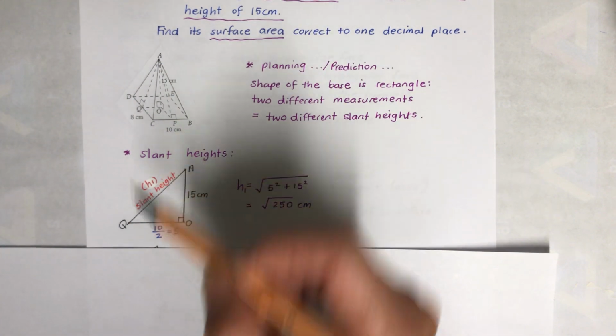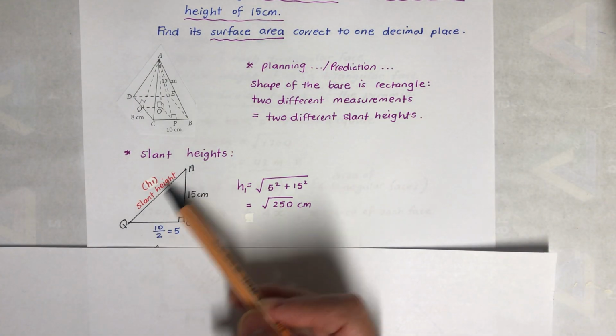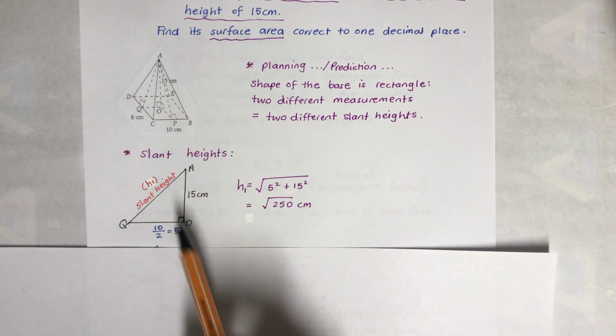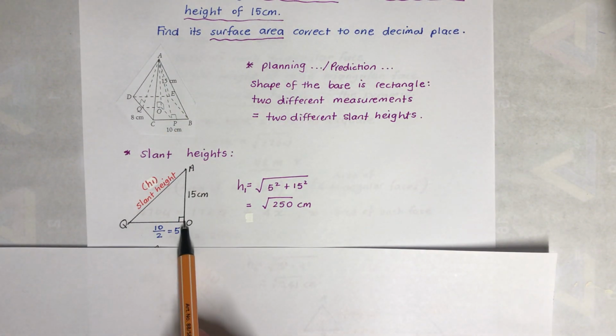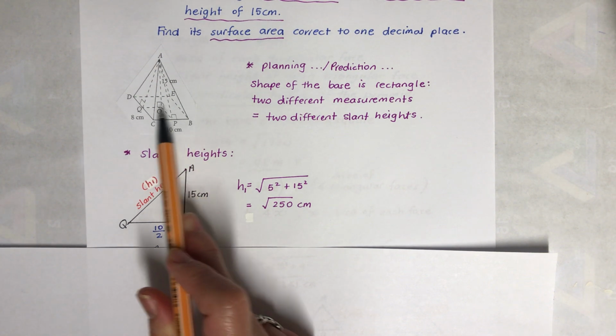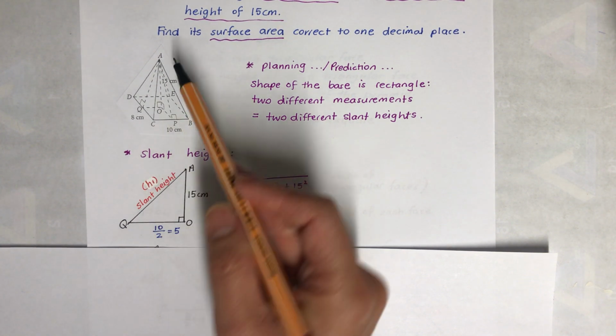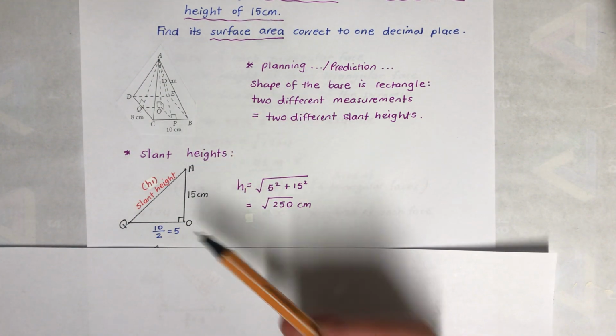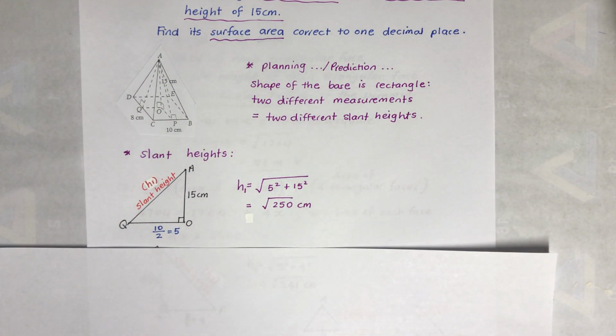That's my slant height, AQ, and what is this one? Half of 10, isn't it? Half of 10 is this one. And then my perpendicular height is 15, so I'm going to use Pythagoras again because I'm looking for the hypotenuse.